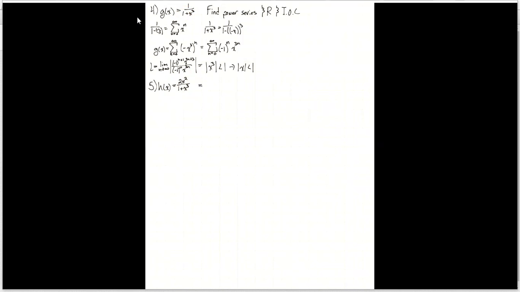We're going to set this equal, well, it is equal. So we've got 2x squared times 1 over 1 plus x cubed. Now, we have found what the power series for 1 over 1 plus x cubed was, this power series right here.